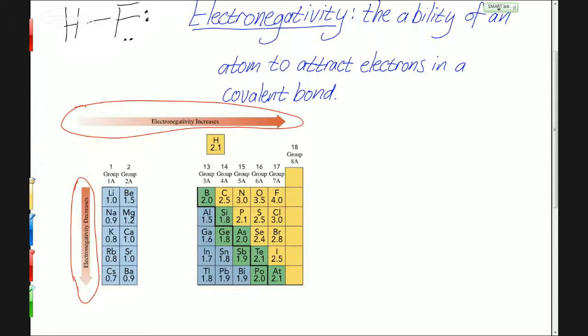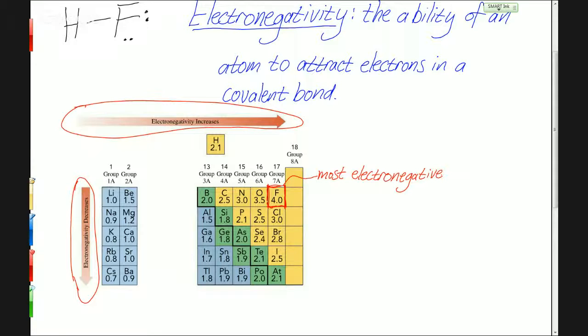Another way to think about this, the way I think about it, is that the most electronegative element is fluorine. So another way you can think about the trend is everything goes toward fluorine. Higher electronegativity is the closer you are to fluorine.